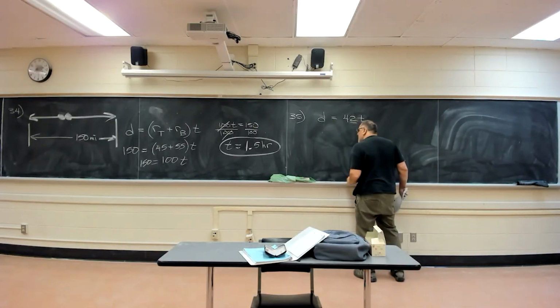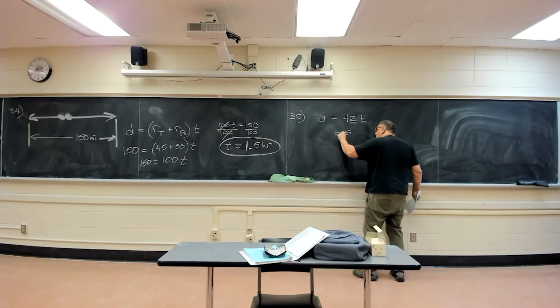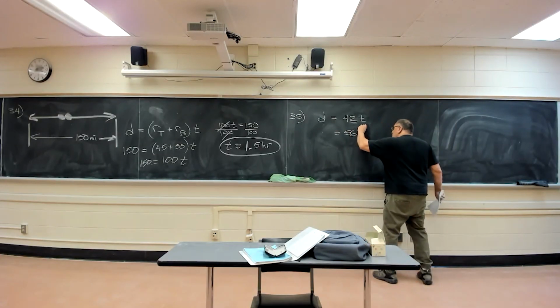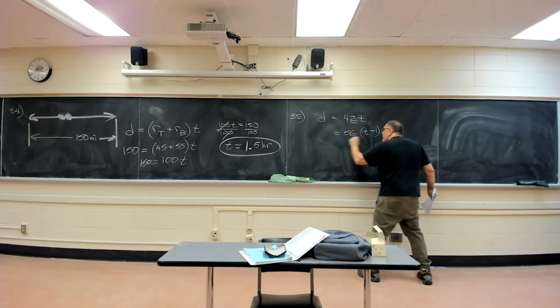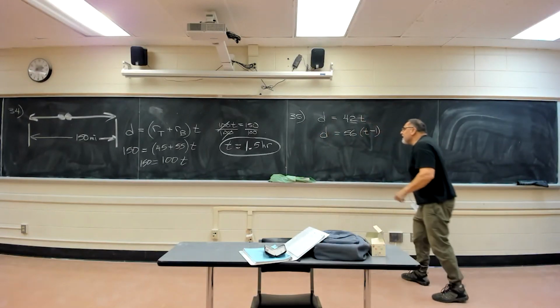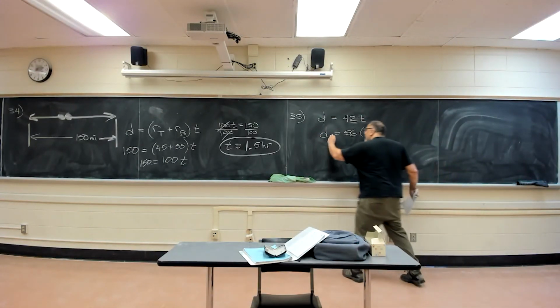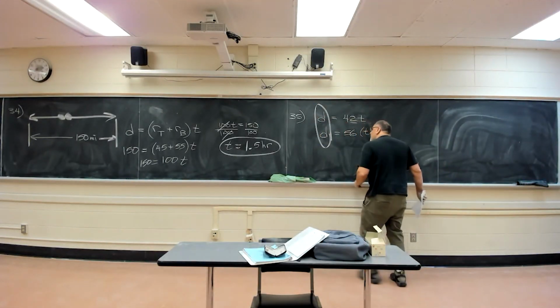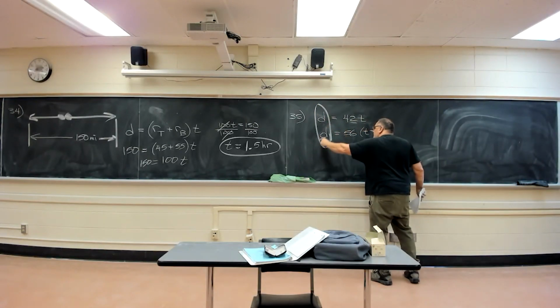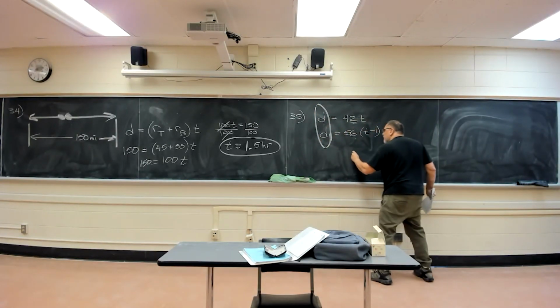It'll cover a distance d. The other car, the fast one, will be going 56 miles per hour, but it'll only be traveling for an hour less. But it'll cover the same distance. If d equals d, this and this equal each other.